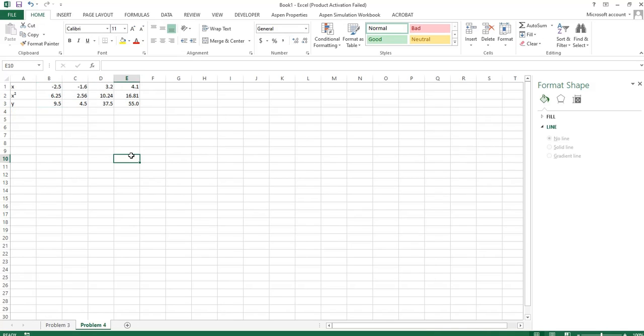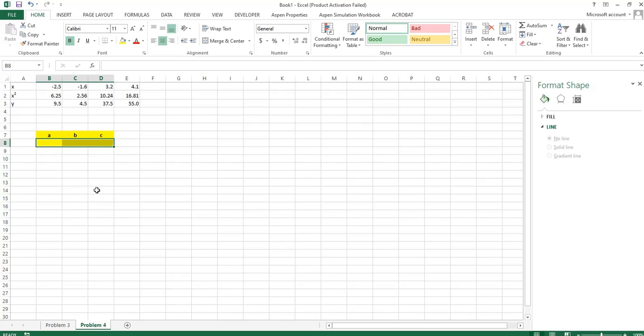So to use LINEST, now you have LINEST. So you have A here, you have B, you have C. Now let me center them and make it bold. So let me just come here, select this.